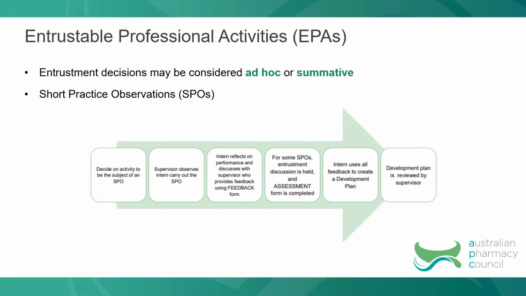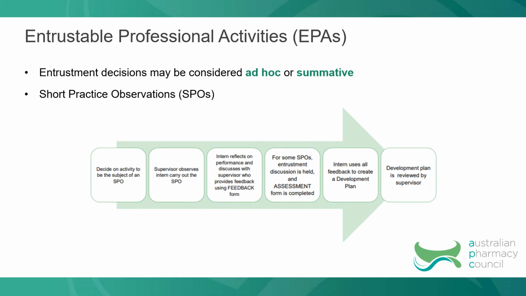And following this process, interns are encouraged to use all of the feedback received to create a development plan. So I want to highlight that many preceptors and supervisors would be currently making such decisions in practice, and that EPAs really just provide a structure to support this process.